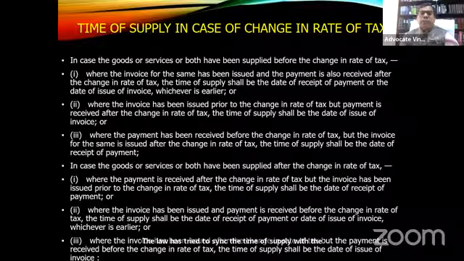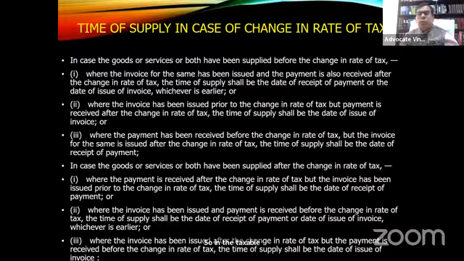So if the taxable event has taken place before the change in rate of tax, that is, if the goods have been supplied prior to the change in rate of tax, then the law says the following.